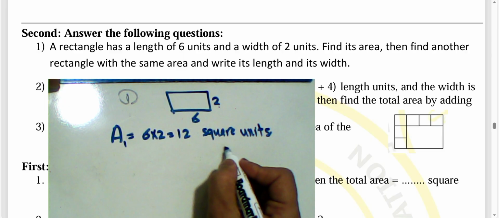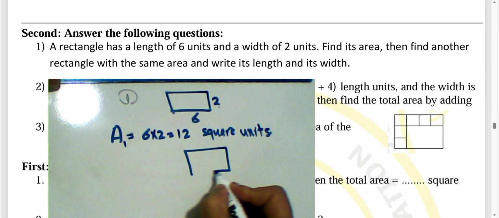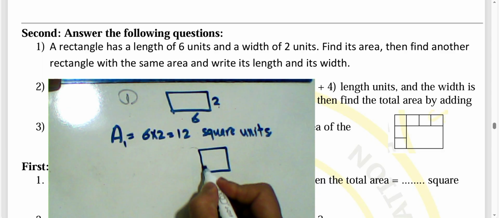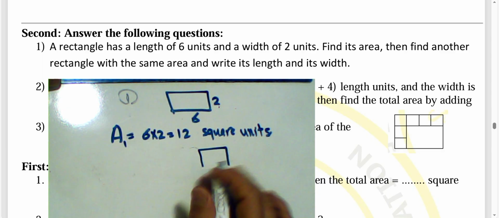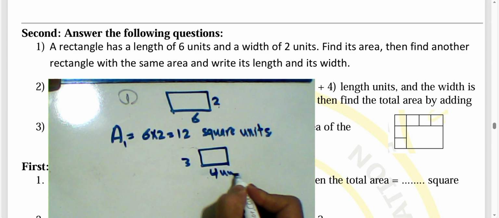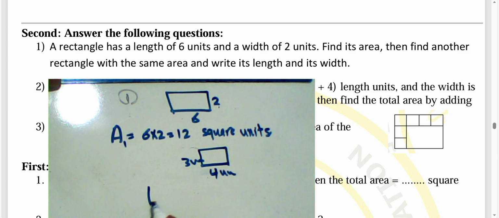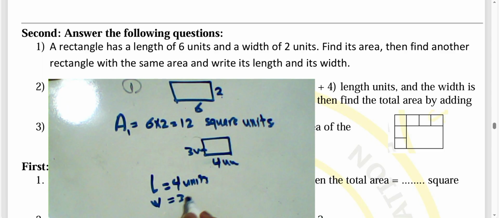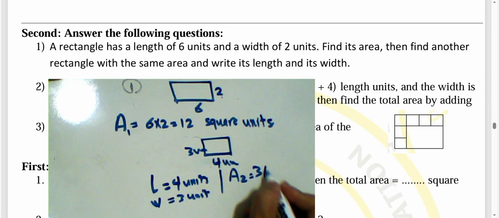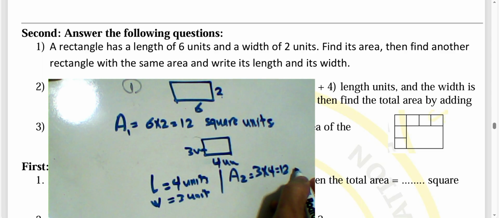We want to draw another rectangle with 2 dimensions whose product equals 12. We can choose 4 and 3. The length will be 4 units and the width will be 3 units. Why? Because area 2 will be 3 times 4, which is equivalent to 12 square units.